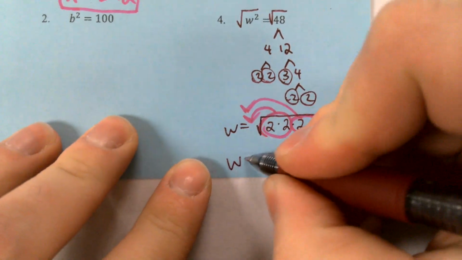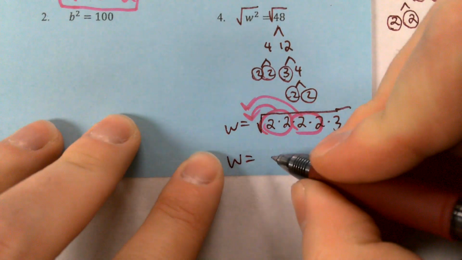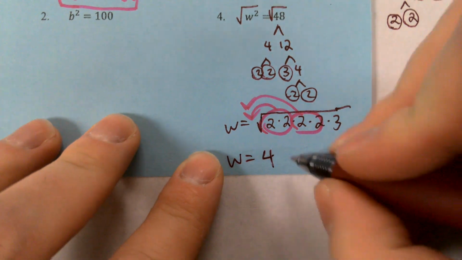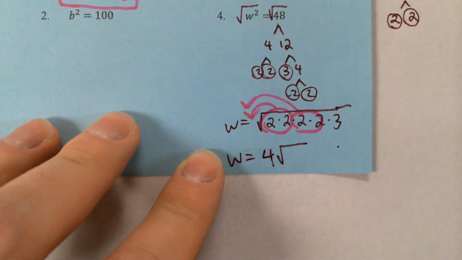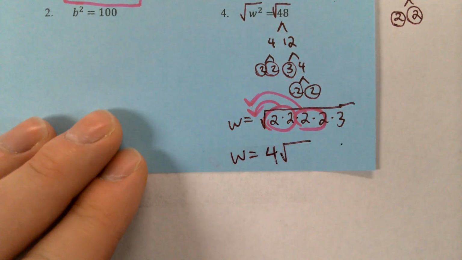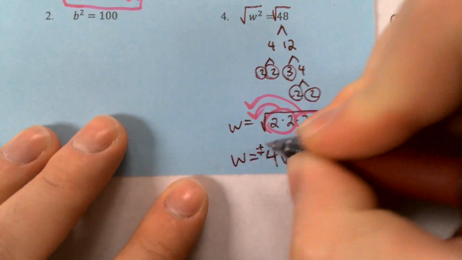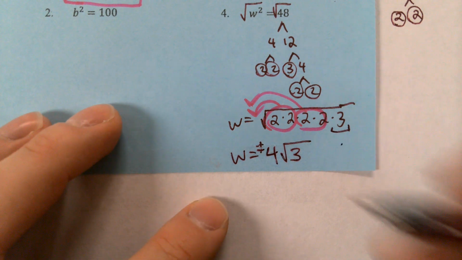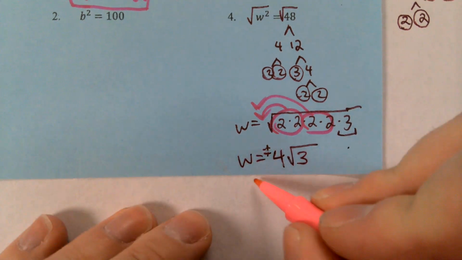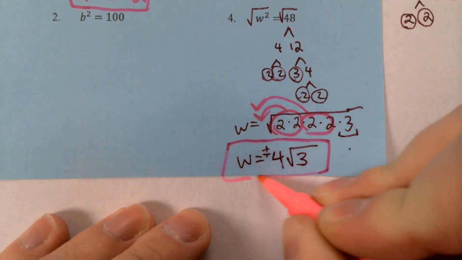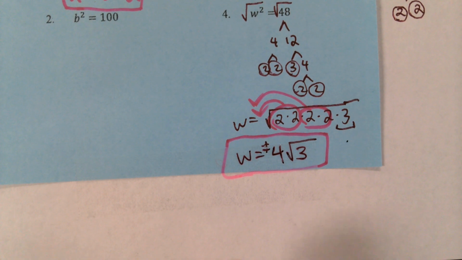We're going to multiply them. Thank you, Alexa. We're going to multiply them to get 4 root. What's left over inside the square root here? Just the 3, right? Hit it with a plus or minus in the front. And there is our answer. W is equal to plus or minus 4 root 3.